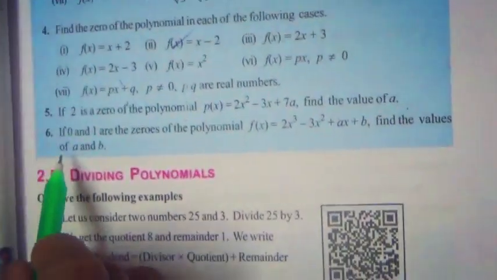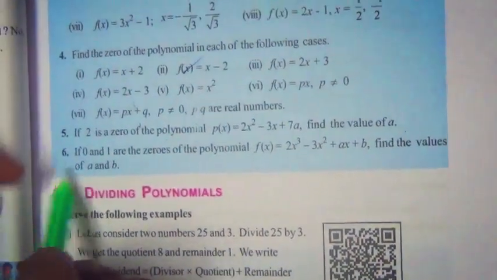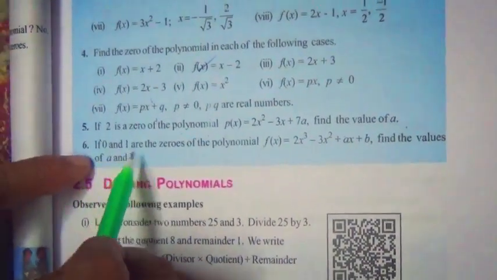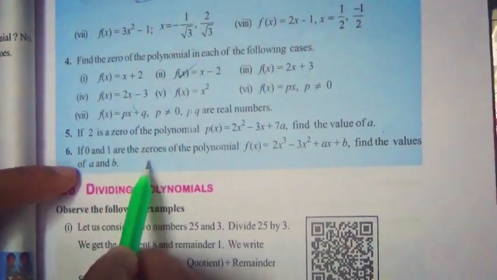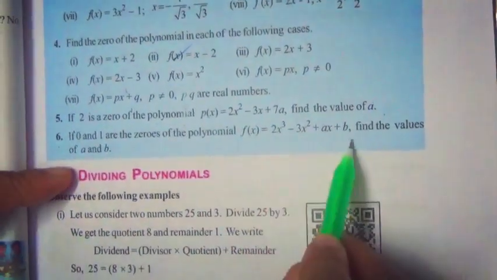That's it. So here in the last of this exercise 2.2, that is the last sum: if 0 and 1 are the zeros of the given polynomial f of x, find the values of a and b.